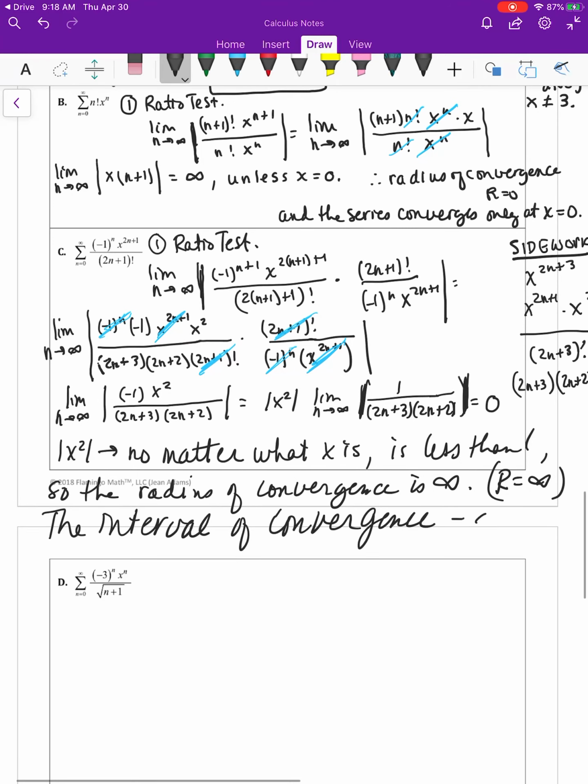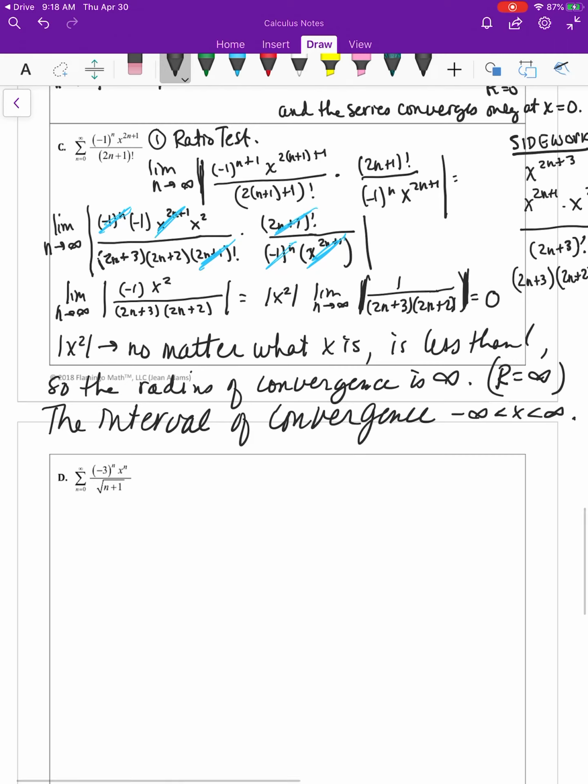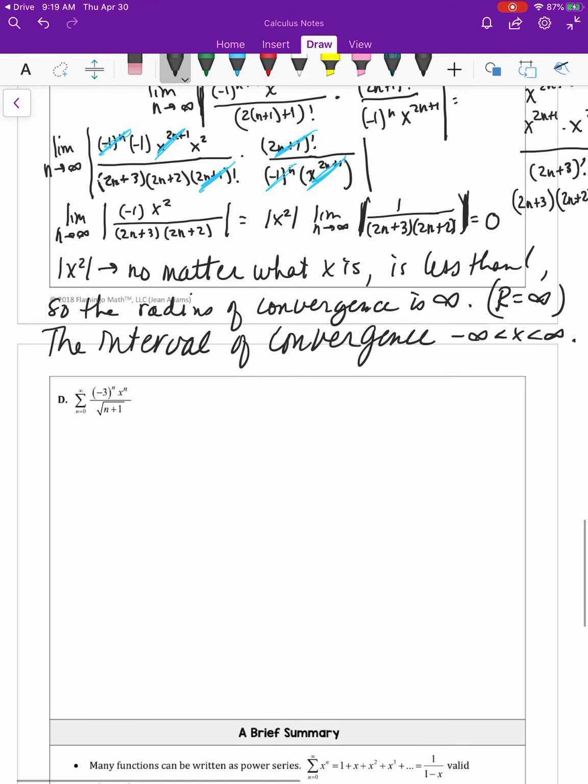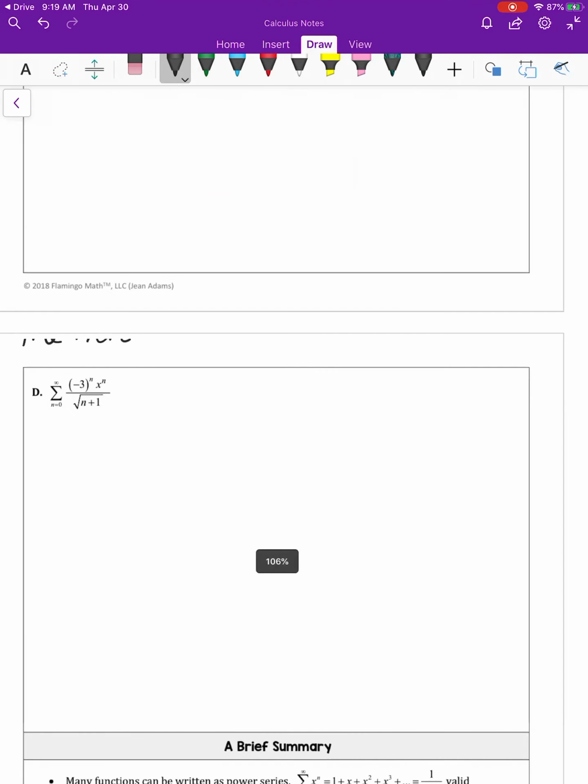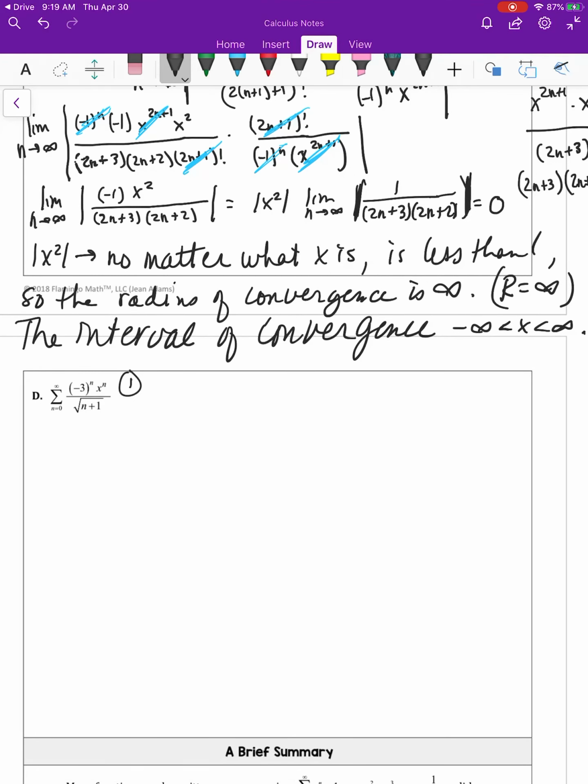The interval of convergence is negative infinity to positive infinity. Okay? So there's one that is good for all values of x. Okay, let's look at D.